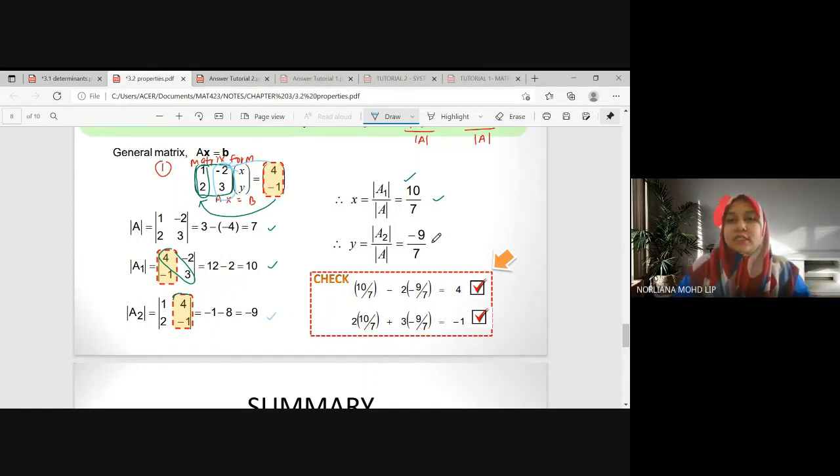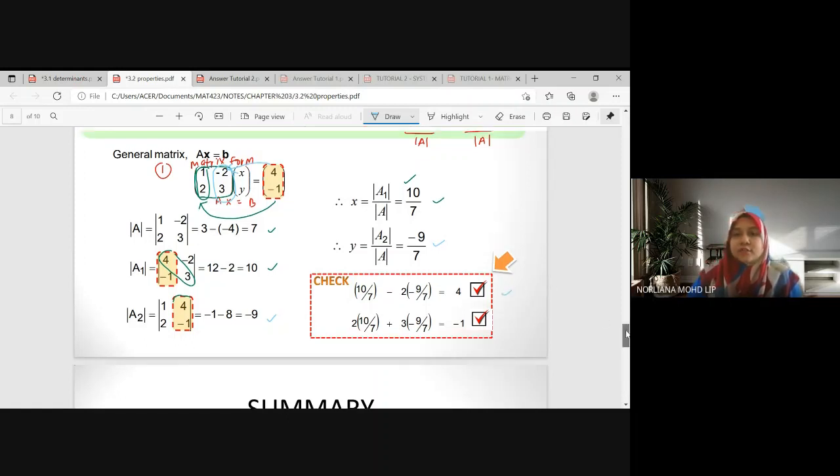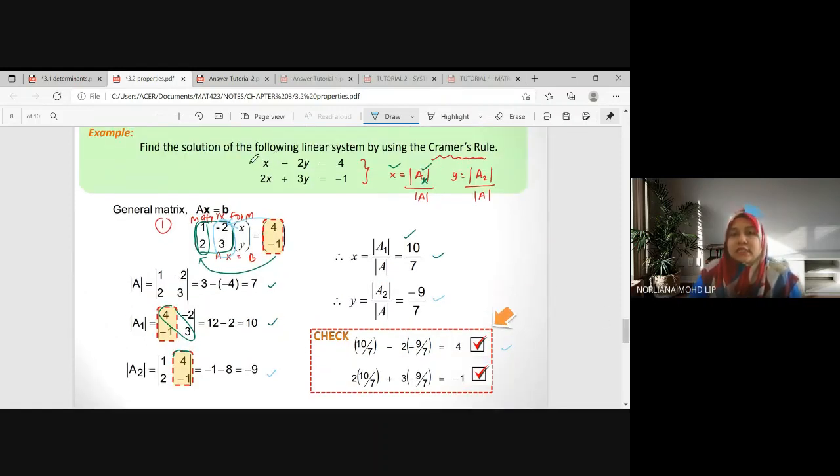So variable Y is equal to negative 9 over 7. We can check this value for X and Y by substituting into the equations. So the answer is correct for both values X and Y.